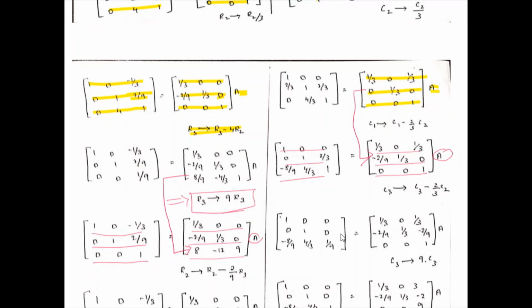Here we need to convert A23 into 0, that is 2 by 3 into 0. So we can apply this operation, C3 implies C3 minus 2 by 3 C2.